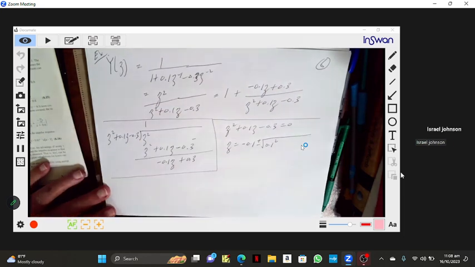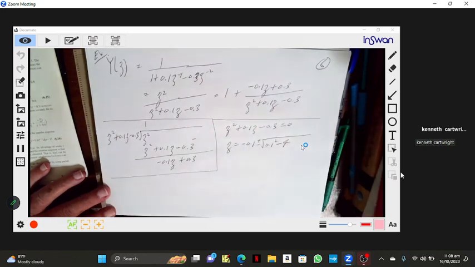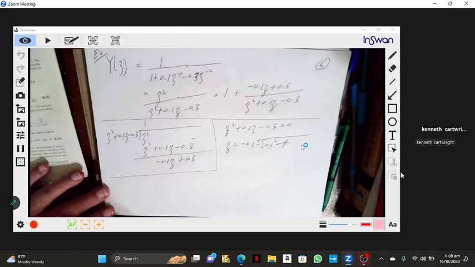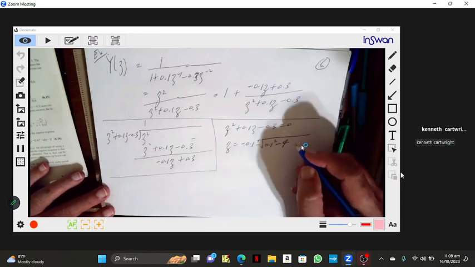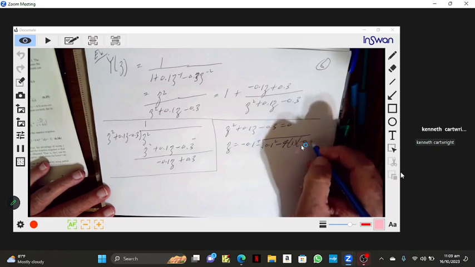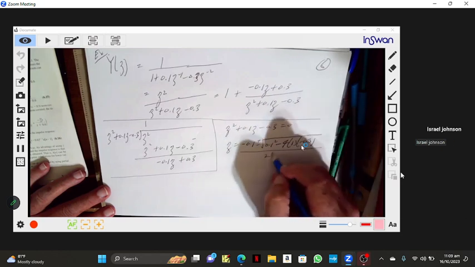Plus 4 times 1 times minus 4. Minus 4 times a, which is 1, times c, which is negative 0.3, over 2 times a.